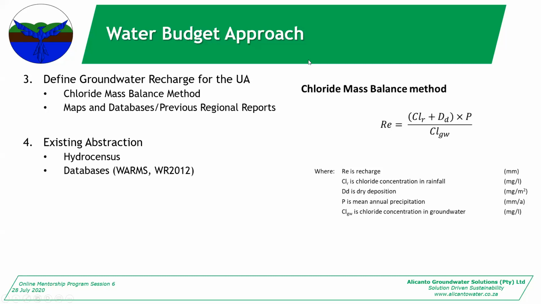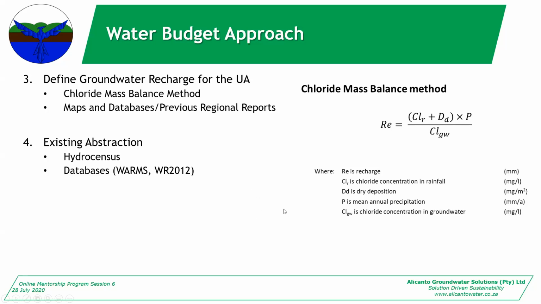Then existing abstraction is also important. That you'll get from your hydro sensors or from the regional databases such as WARMS or the WR 2012 database. That's who's pumping out of this aquifer already. Is my neighbor pumping? That relates back to the question we had earlier about sustainable yield and neighbors, etc. So when you do the water budget, you take into account the existing abstraction.